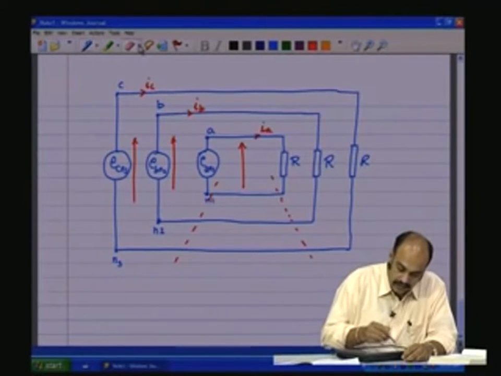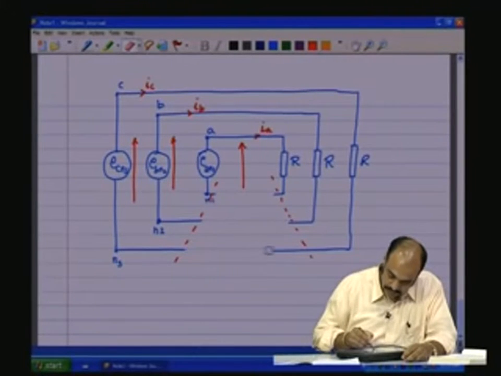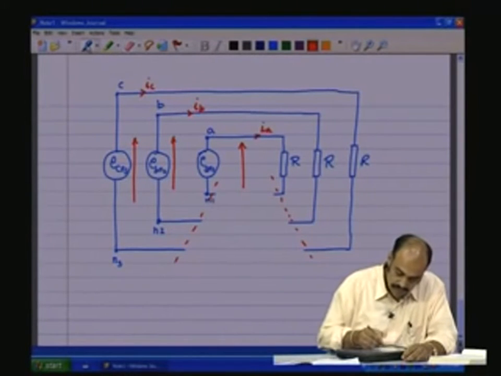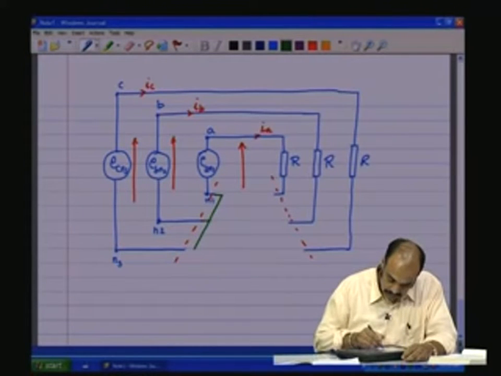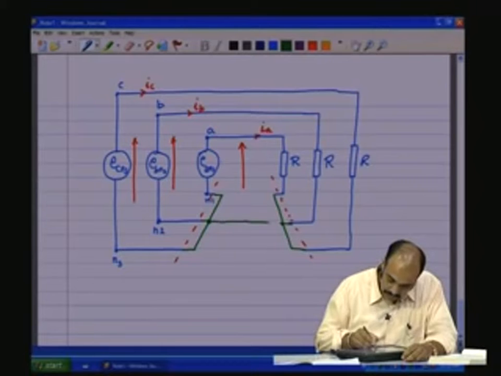So, let us say we remove all these conductors and club them together like this, and join them.